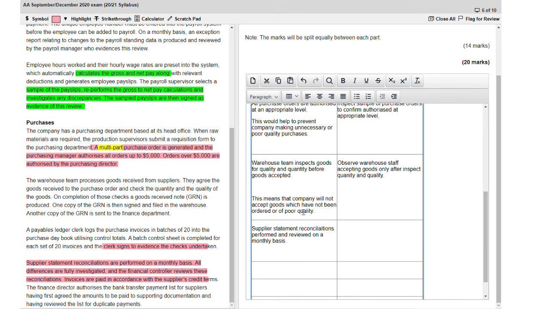Again, they will pick up things like invoices that have been received for goods not received, payments where the supplier says they haven't had the money, double invoices. Again, so this will help to prevent misstatements of purchases and payables.